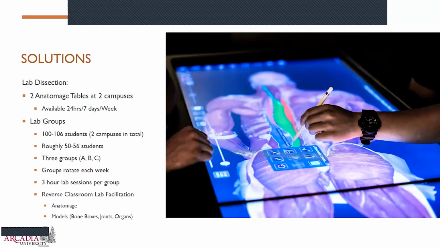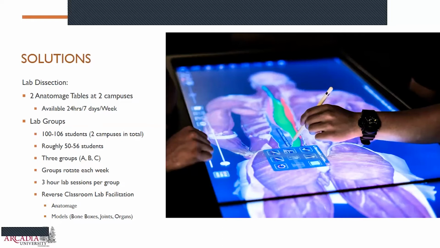And within each of these A, B, and C groups, we would divide those groups one more time. We'd subdivide them. Each group roughly had about 16 to 18 students. So when we subdivided it, we basically had 2 groups of students within the A group. So we'd have group A1 and group A2.